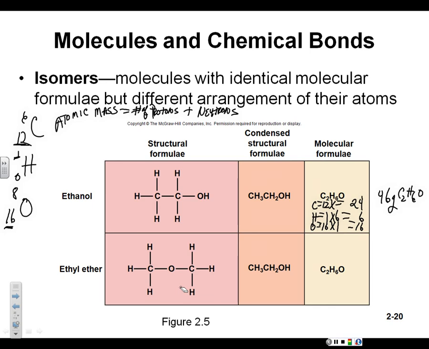So this whole situation is what? 1 mole of this, it weighs what? 46 grams. So they both weigh the what? Same. The only thing that makes them different is how we arrange the what? Atoms.